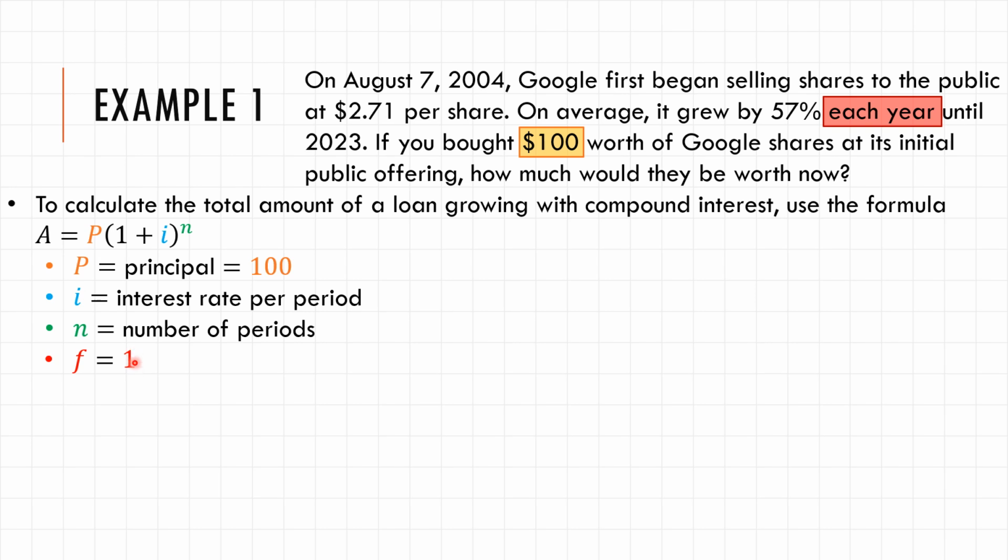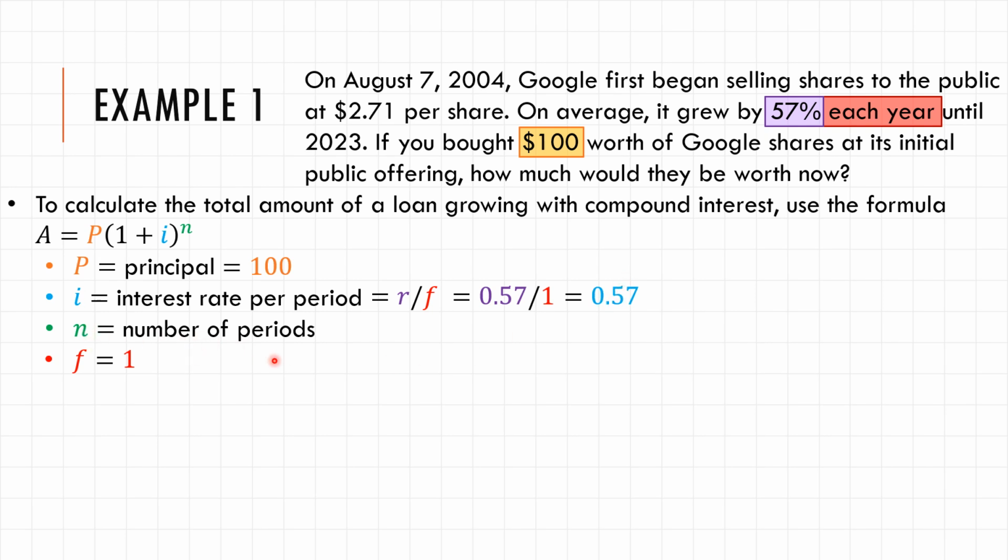And if the frequency is 1, then these two equations are really easy, right? The interest rate for one period is still going to be 57% divided by 1. Because one period per year, we don't need to divide this at all. The interest rate is just going to be 0.57. That's 57% as a decimal. In 1 year, because 1 year is one period here, it only grows annually, it's going to grow by 0.57.